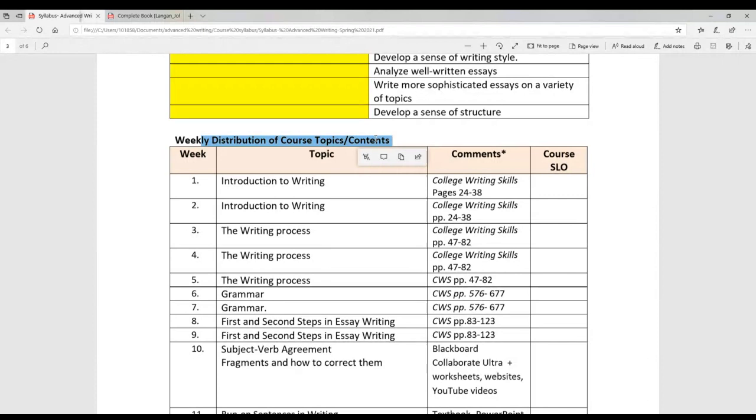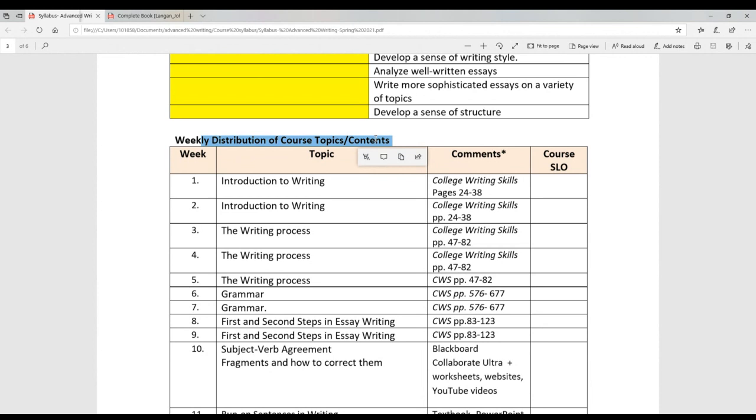In these topics, I will give you a general review about paragraph writing, how to write a topic sentence, and the components of the topic sentence, how to write a paragraph, the types of supporting details, and then we will move, inshallah, to the structure of the essay, how to write the introduction, how to write the conclusion, what are the types of the introductions, what are the components of the introduction.